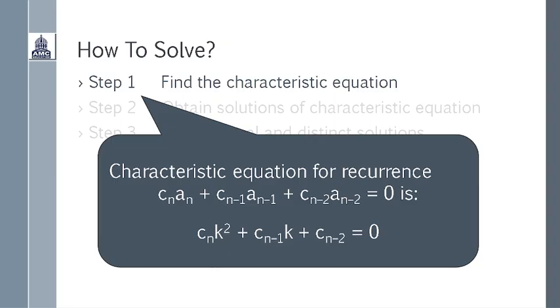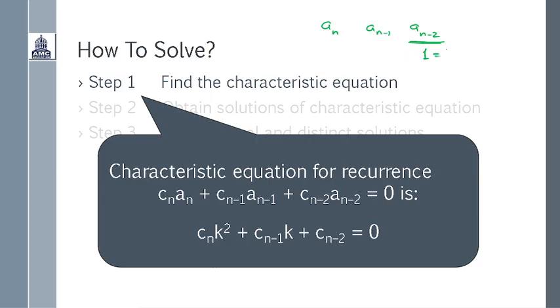Correct? So basically we define something called the characteristic equation. And in the characteristic equation, we see which is the least term, in terms of the subscripts that are written. So let's say we have got an, an minus one, an minus two. So an minus two is going to be the least term, and we assign one as the variable or maybe the parameter to map that.